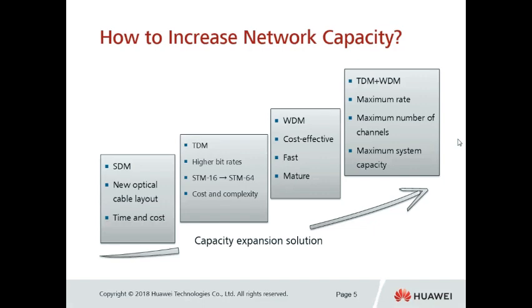Wavelength division multiplexing means we mix a lot of different wavelengths into the same fiber to do the transmission. If you need more capacity, you just need to add more wavelengths into the same fiber, and you only need to buy the boards which can supply the wavelengths, and that will be okay. Other units, no need to buy more. Okay, just use the older boards.